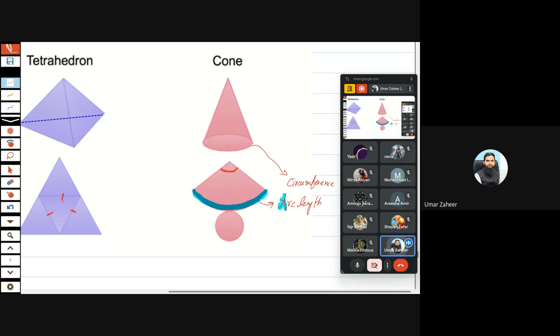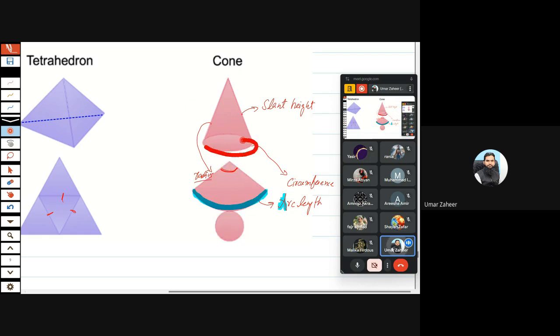In the same way, it is the slant height of the cone. When you open it, the slant height will become the radius of the sector. Is it clear? When you open a cone, you get a sector and you get a circle.